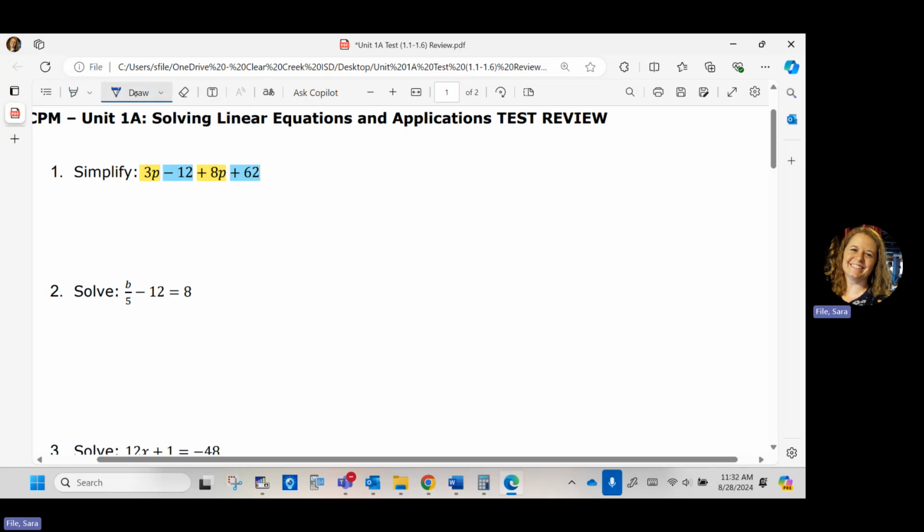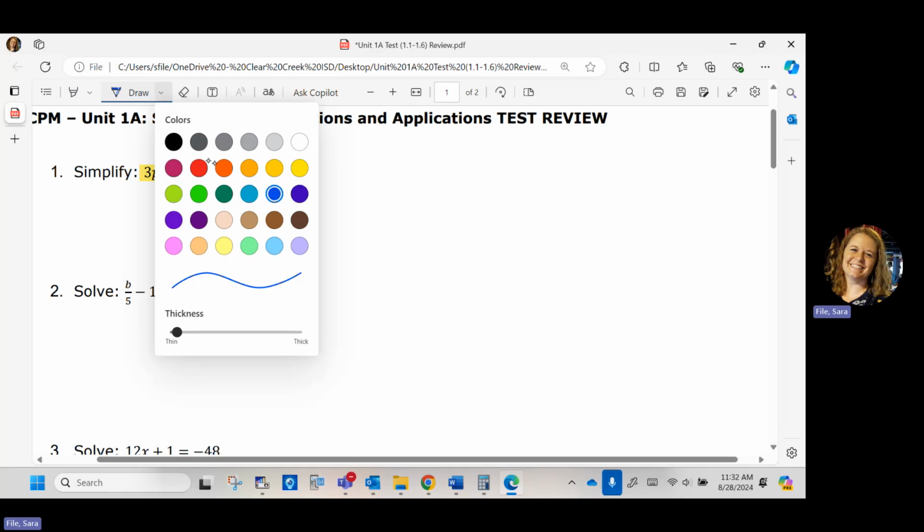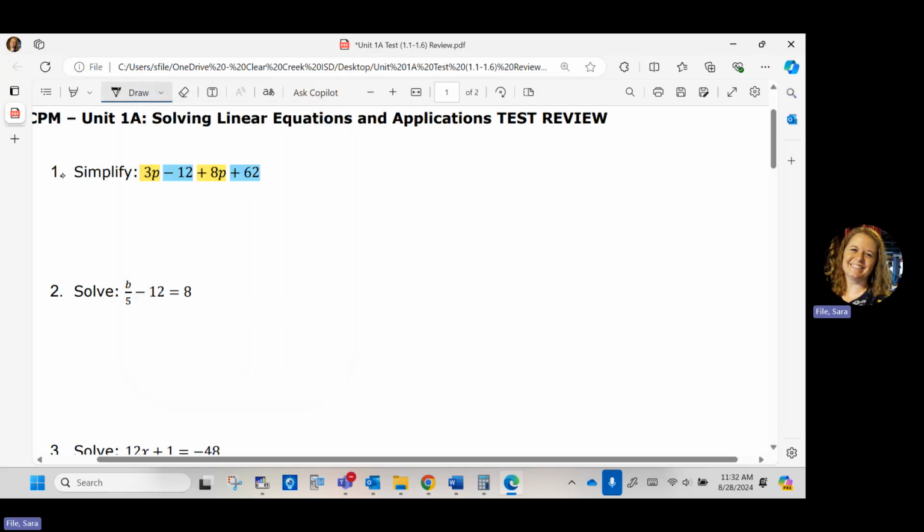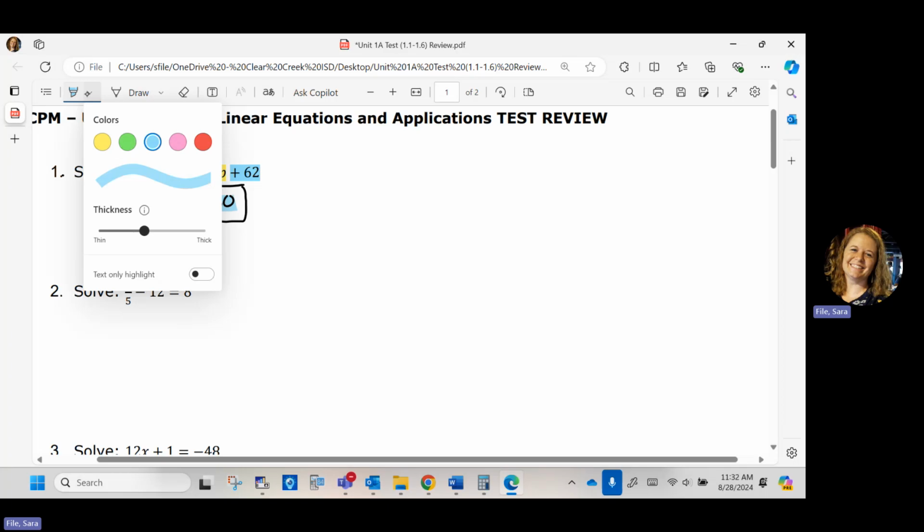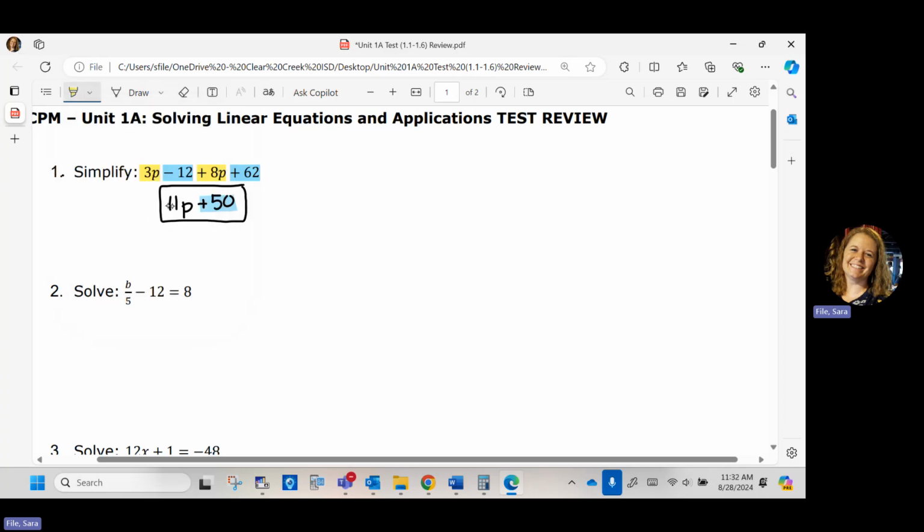If you need to combine those in your calculator, you can, but that comes out to 11p and +50. That's as far as you can take it. That's all you have to do. The simplifying ones are probably the simplest. So we combined what was in yellow and what was in blue, and you're done.